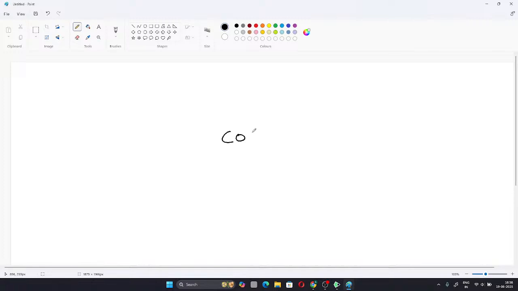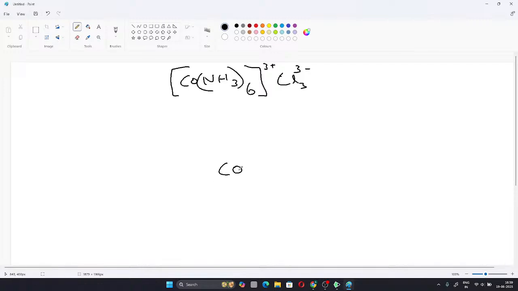for example, this compound [Co(NH3)6]Cl3, with a charge of 3 plus. Basically, how this ligand is formed is, this is the Co atom.